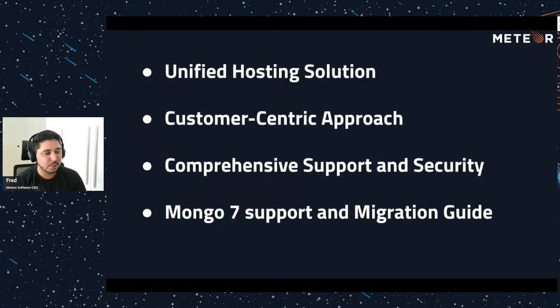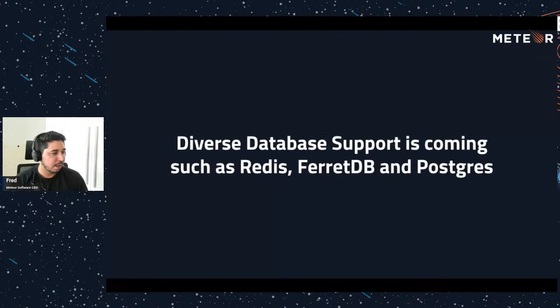We have comprehensive support and security, so our team is investing a lot in that regard. And we already have Mongo 7 support, which is the latest version of MongoDB. And we support many versions, so you can check this already in Galaxy 2.